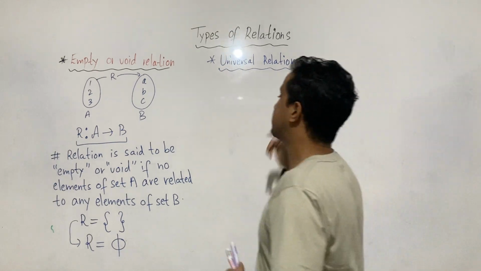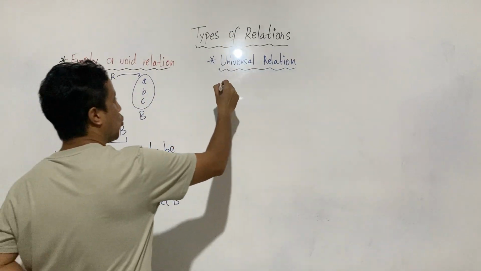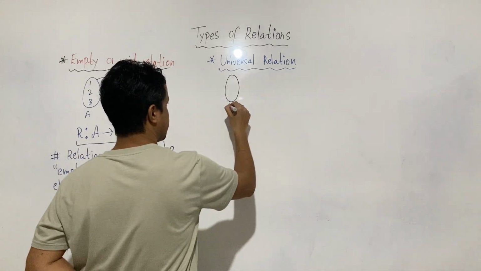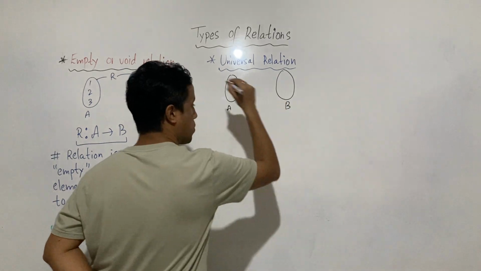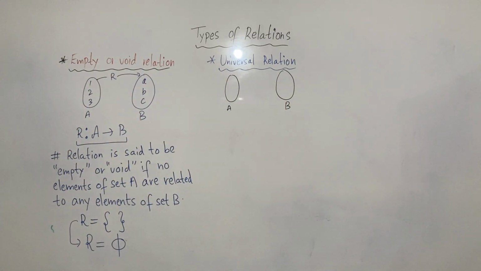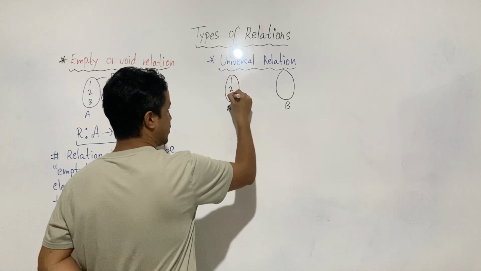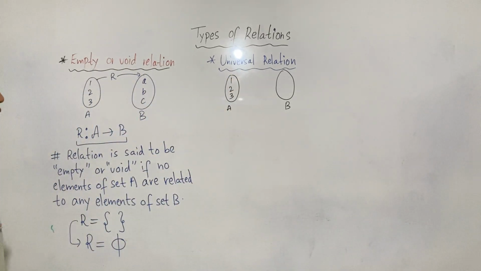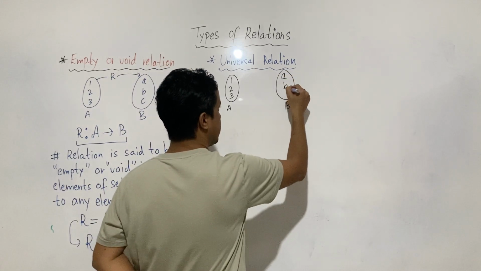Let's say that I have two non-void sets. Here I have set A and here I have set B. In set A I have elements 1, 2, 3, and in set B I have elements a, b, and c.